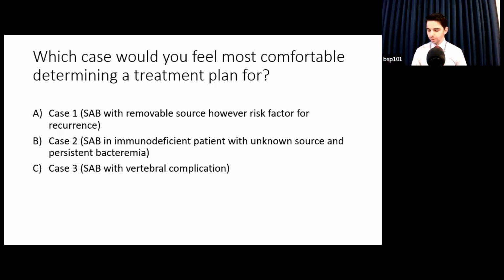So case number 3 is a patient who you know has complicated bacteremia. And so each of these different cases highlights different difficulties in treating Staph aureus. 1 is risk factors of recurrence. 2 is unknown sources and unknown distant sites of infection. And 3 are the destructive distant sites that it can cause in general.